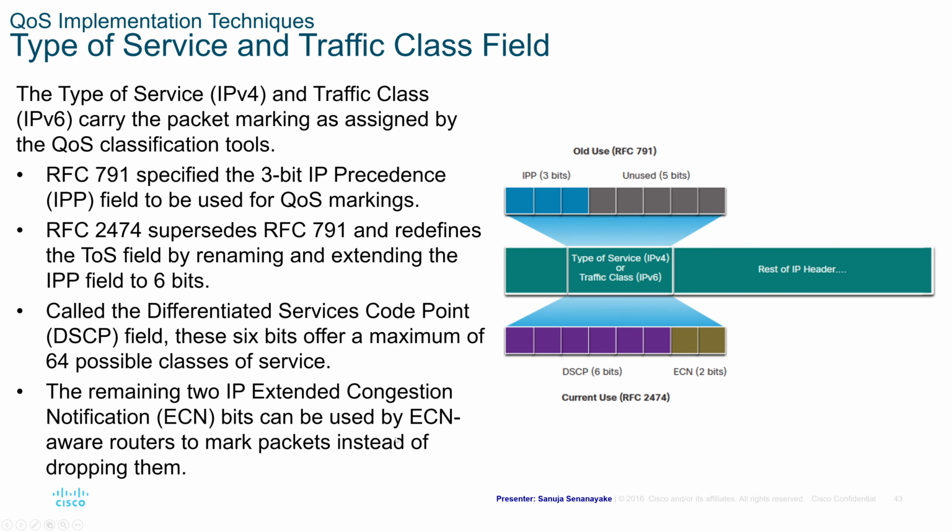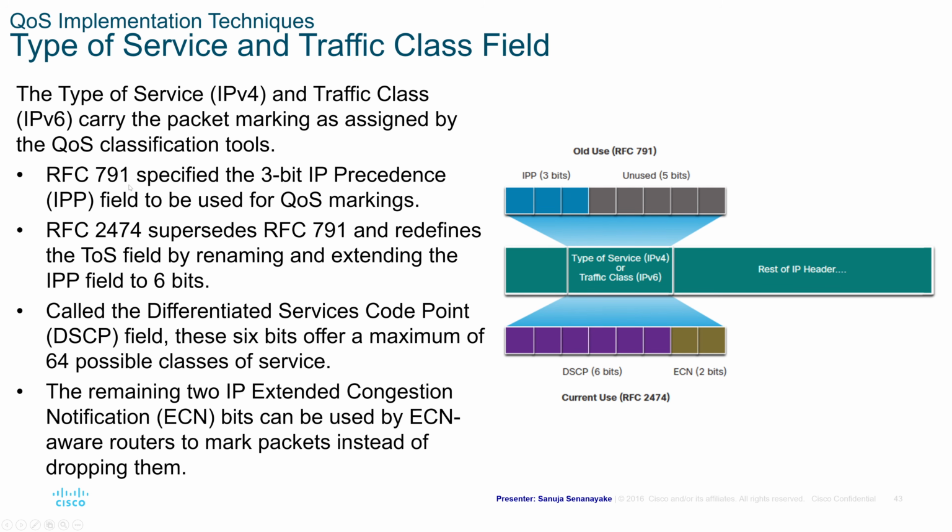The remaining 2 bits, the IP Explicit Congestion Notification, or ECN, bits, can be used by ECN-aware routers to mark packets instead of dropping them. So what you need to know here is the concepts behind it.